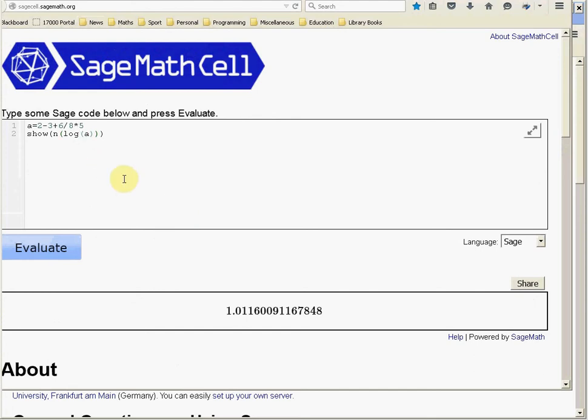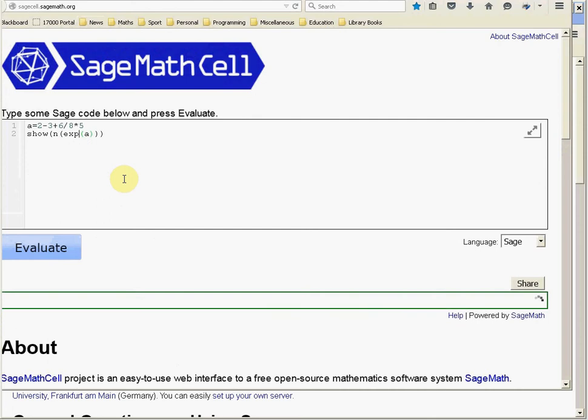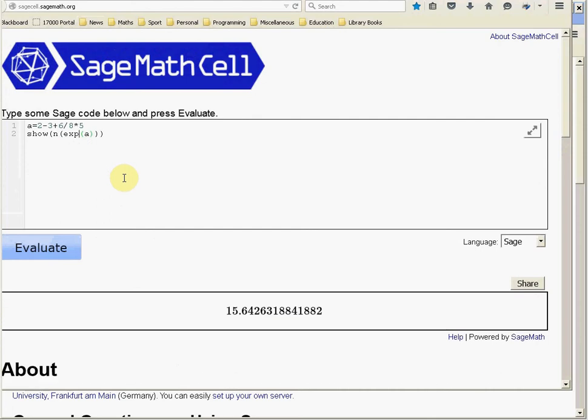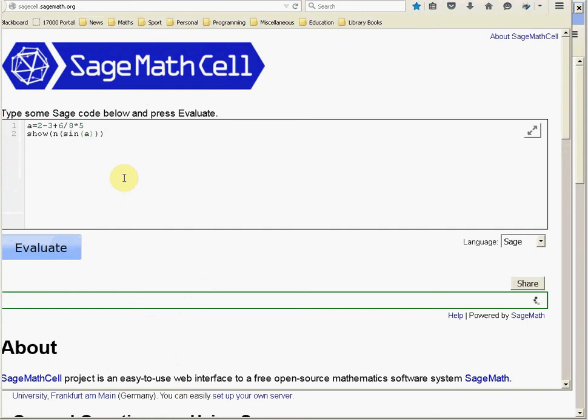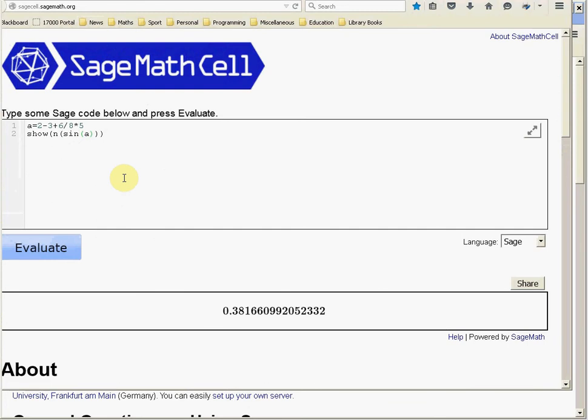The log function, I know the exponential function, one of the trig functions, let's choose the sine function, and so on. So it knows all the functions that you would care to think about.